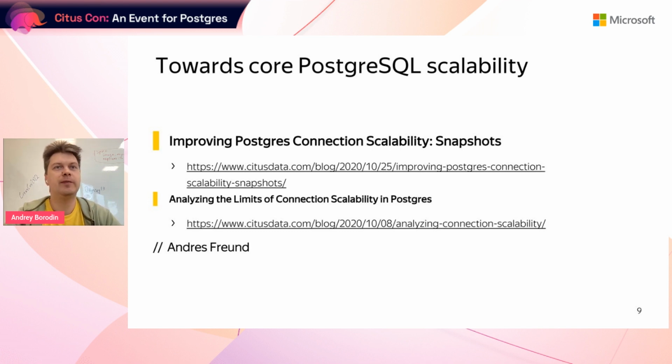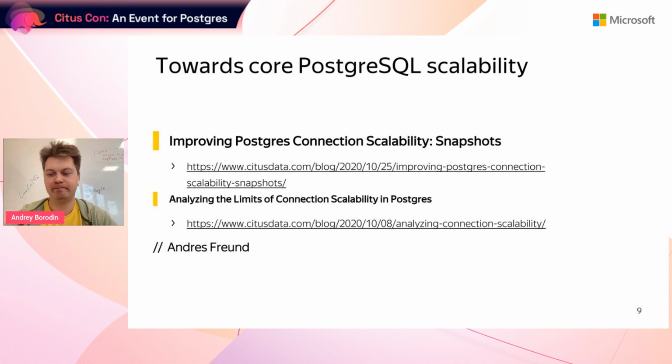There were recent improvements in the area of connection scalability, mainly led by Andres Freund from Citus, and there are huge developments. Connection scalability is becoming better and better, but still, the more connections you have, the slower the database performs on peak loads.